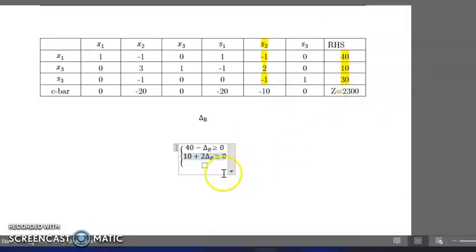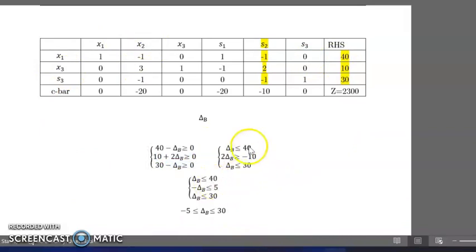The third value is 30 minus delta B, also needs to be greater than or equal to 0. So we have this system, and by solving it, we can deduce the range in which delta B has to be in order for this basis to remain optimal.